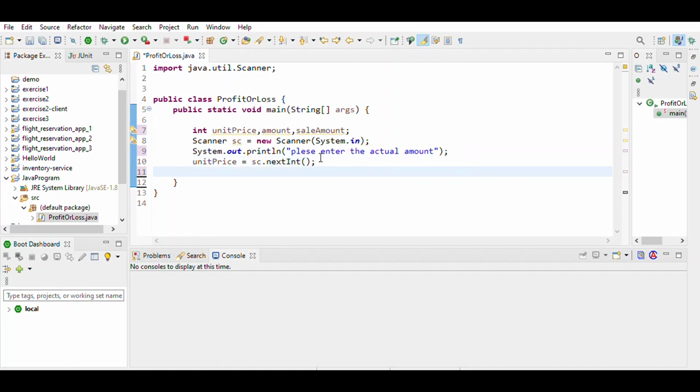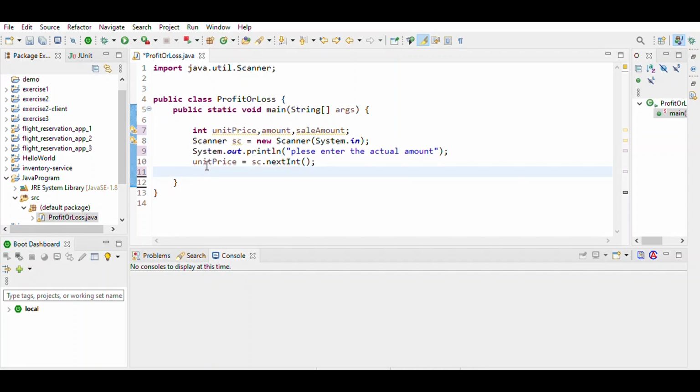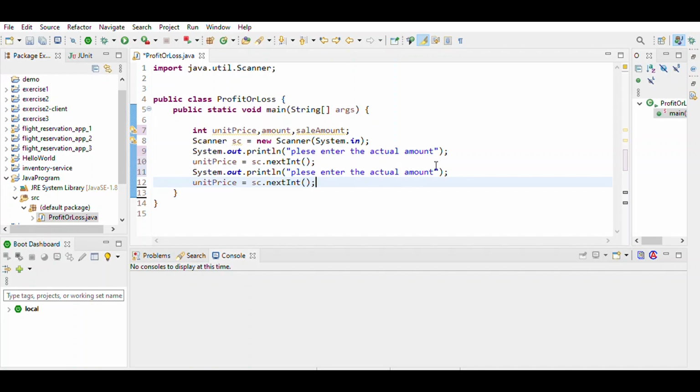Then second is the sale amount. Enter the selling price. Sale amount.